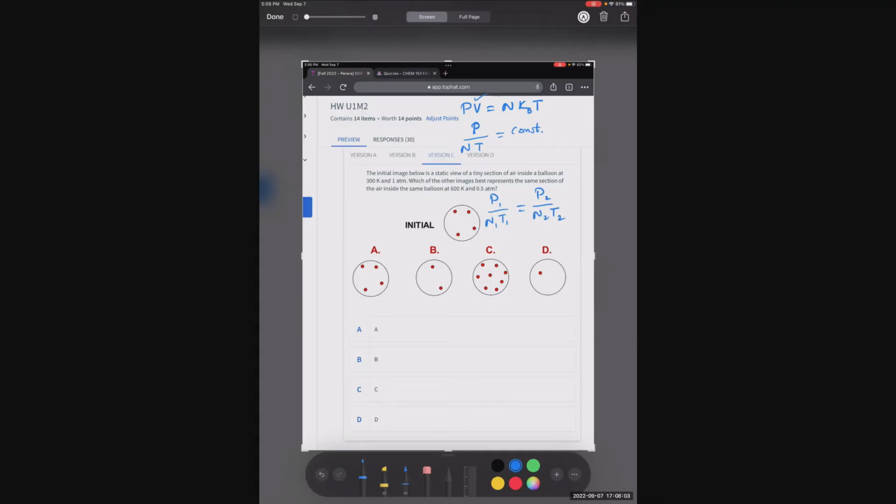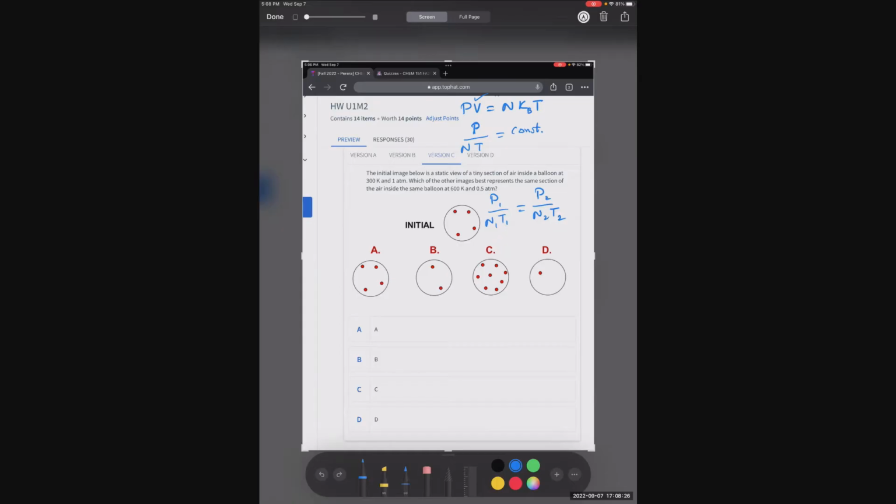Now what we want to do is plug and chug here. When it comes to pressure, this is my initial pressure, here's my final pressure. So let's plug and chug them because it's easier that way. Now if you want to do it qualitatively, we can do that as well.